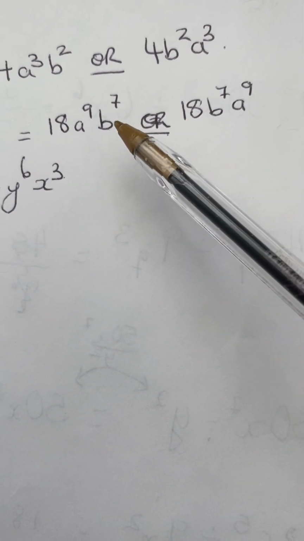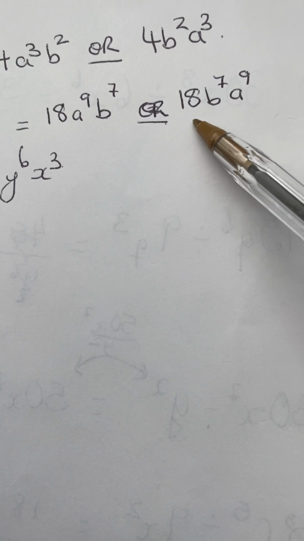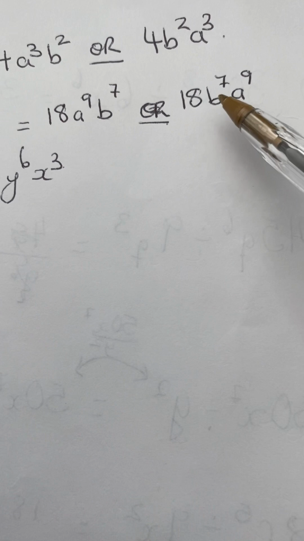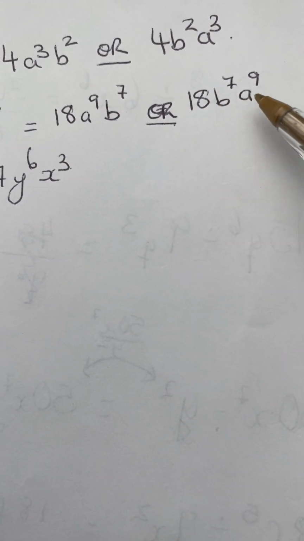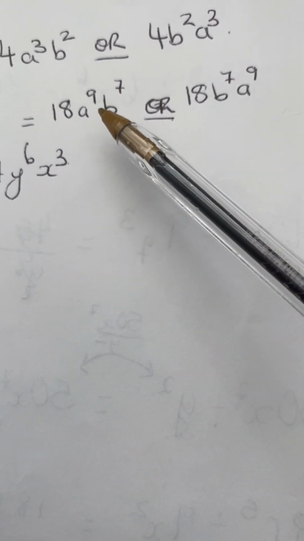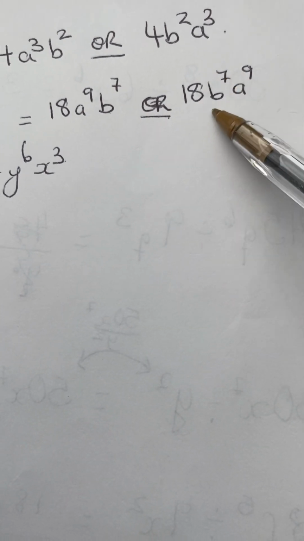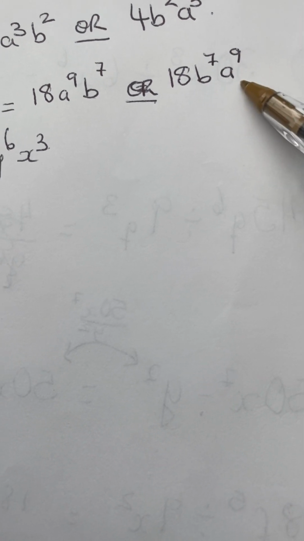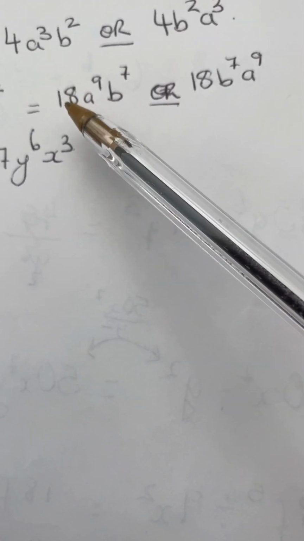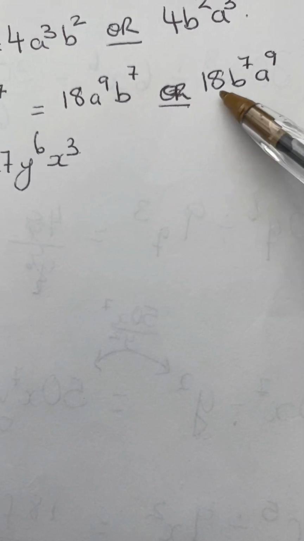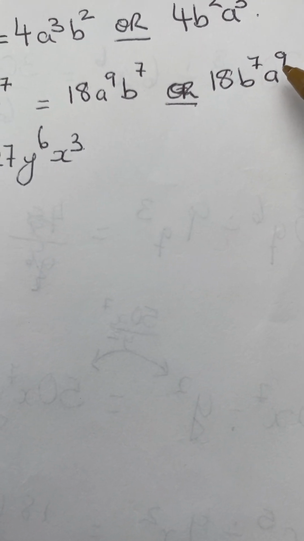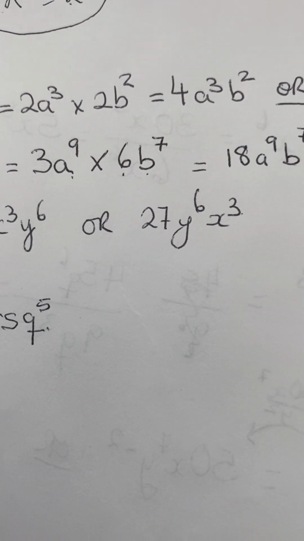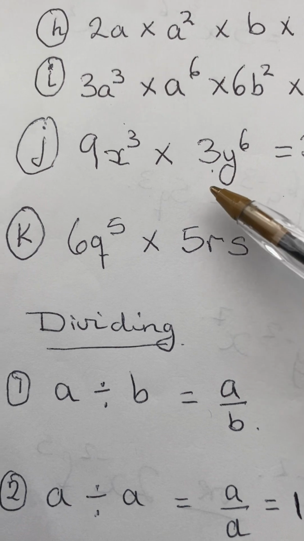Or you can also write it as 18 b to the power 7 and a to the power 9. Both are the same. It just means that in this case you looked at the b first before you looked at the a. So if your answer is this or that, you are both right if you are multiplying.